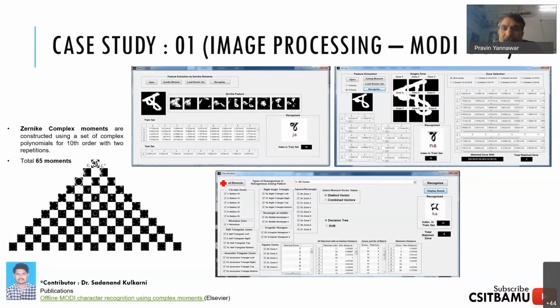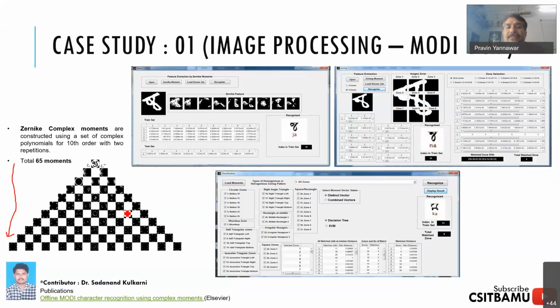Then we implemented the Zernike moment, and extended it to complex Zernike moments, which give us 65 different moments. These are nothing but features of one particular letter, computed in orders from 1 to 10.